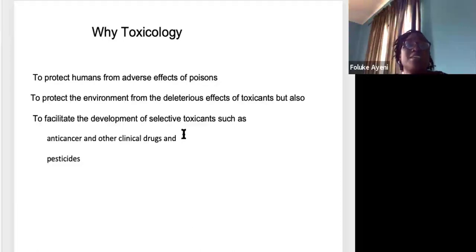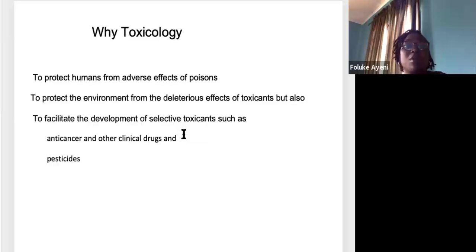And to also protect the environment, very important. We need to live in a clean and safe environment. So we need to remove toxic materials from the environment so that human beings, plants, organisms, and animals can have access to a clean environment. And then to facilitate the development of selective toxicants that can be beneficial to us, such as in the management of some diseases like cancer, for example.